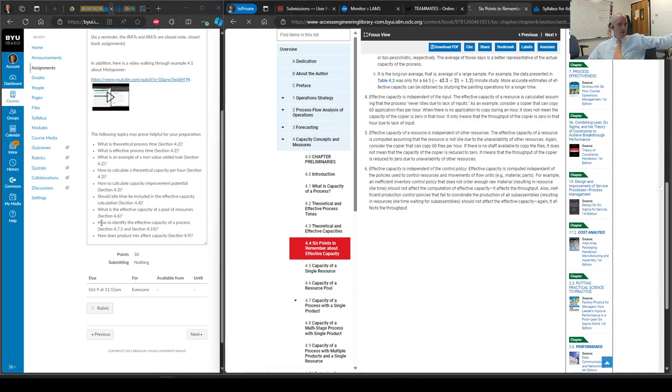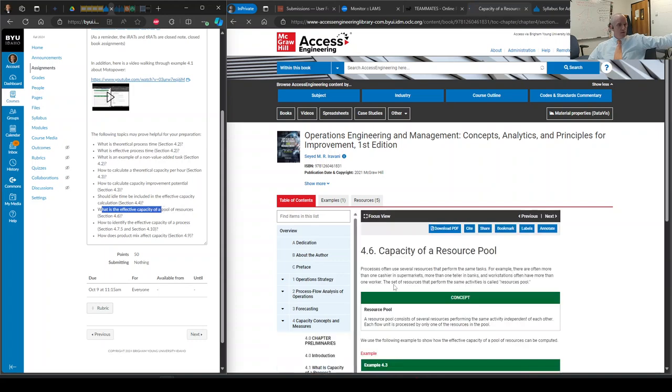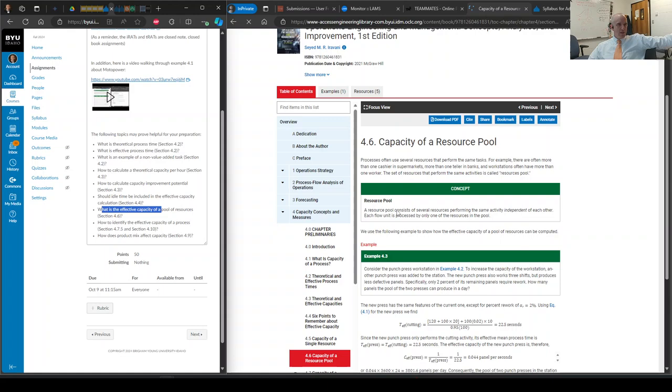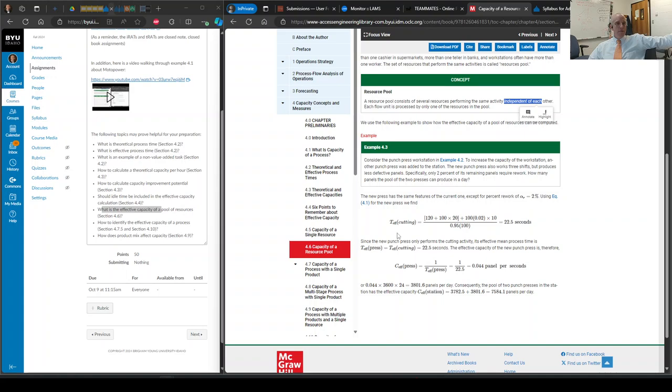Let's go to section 4.6. What is the effective capacity of a pool of resources? A pool consists of several resources performing the same activity independent of each other. So this means that every product that goes through this resource pool does not necessarily go through every resource in this pool, right? You can have two machines doing the same thing, and a single product would not need to go to both machines.